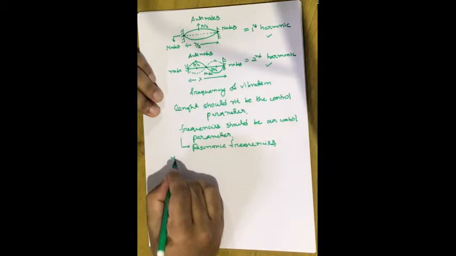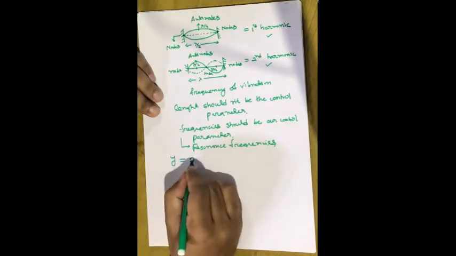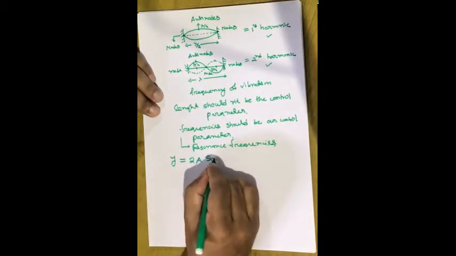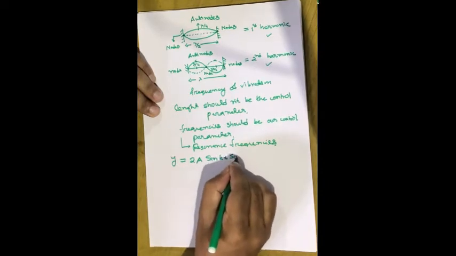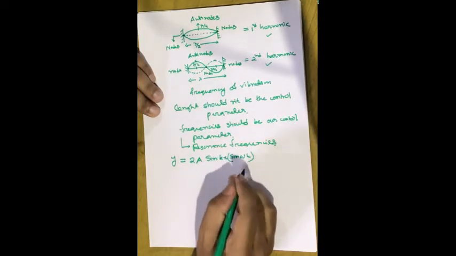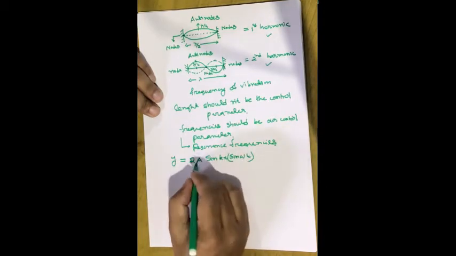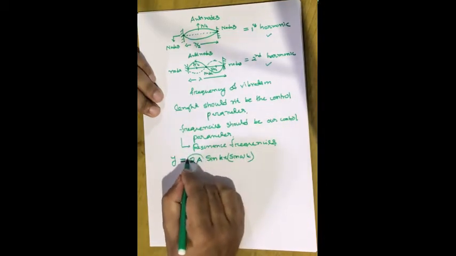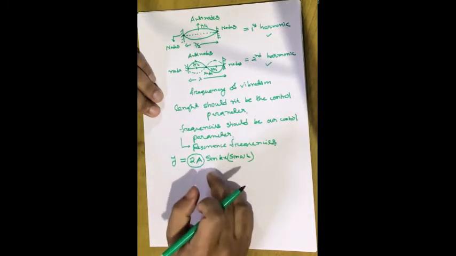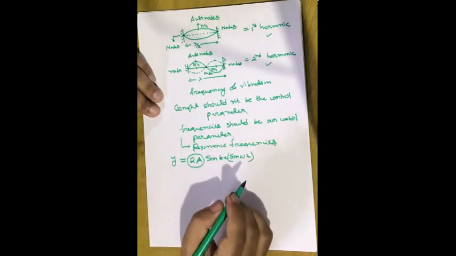As one can see, the displacement of a standing wave was 2a sin kx into sin omega t. So when sin kx is maximum or minimum, the amplitude of the wave is 2a, that means extremum amplitude.